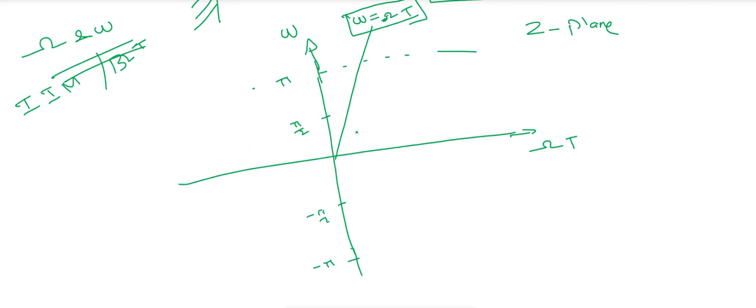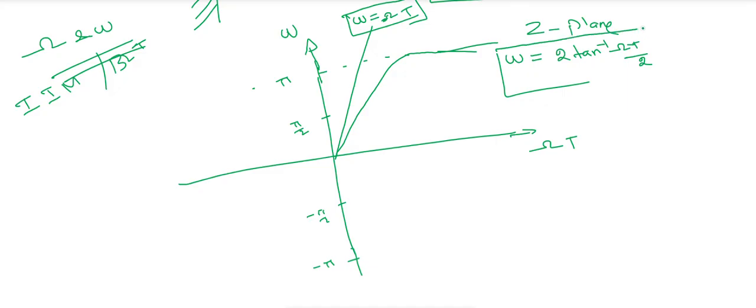Mathematically, due to the tangential function, this omega is 2 tan inverse of omega t by 2. This is your relationship between analog frequency and digital frequency for the bilinear transformation.